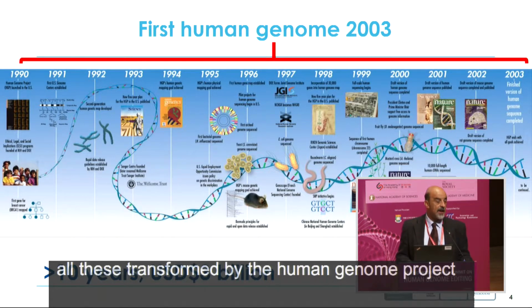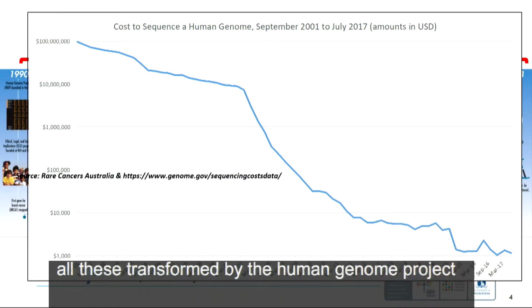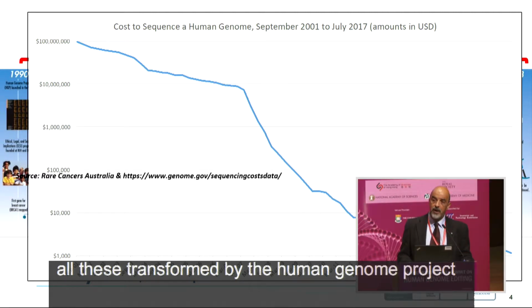$3 billion. And Kathy has shown a similar slide to this one, which really highlights how one of the major advantages or outcomes of the Human Genome Project was a steady reduction in the cost of sequencing, quality sequencing, and coupled to that was the capacity to be able to build the bioinformatics platforms to be able to analyze big data, big genomic data.